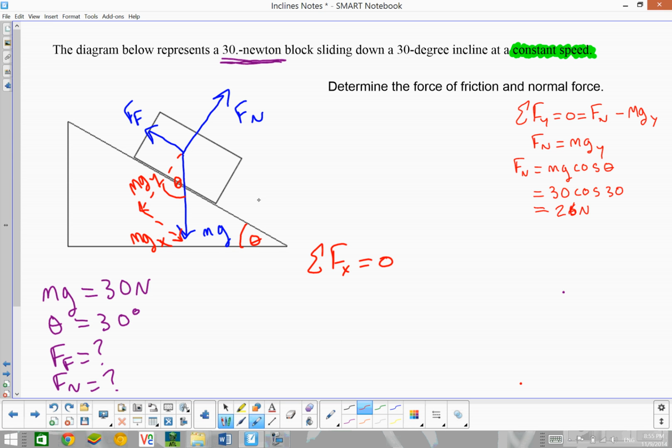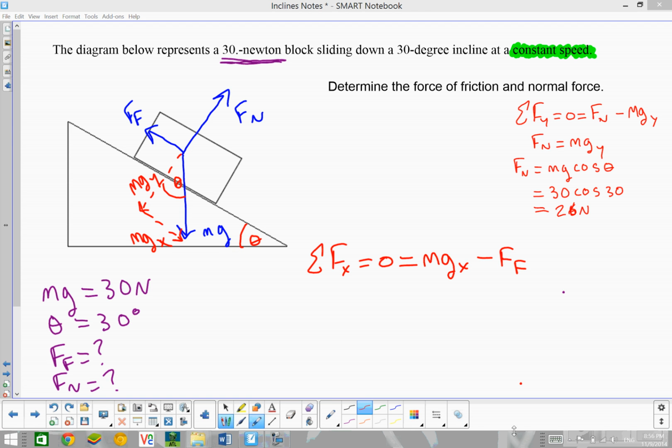So I look at my parallel dimensions here, and I see that I have a friction force, and I also have my x component of weight. Since the x component of weight is parallel to the plane and is in the direction of motion, I'm going to treat that as positive, mgx. Friction force is opposing motion, so I'm going to treat that as negative, negative ff.